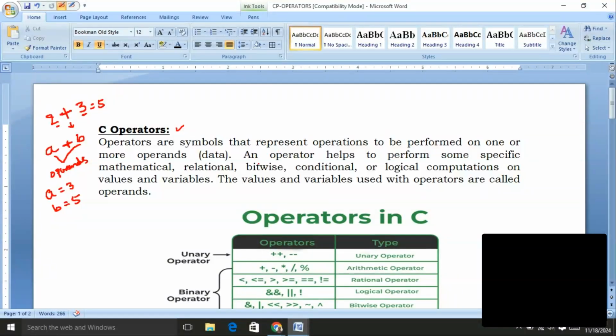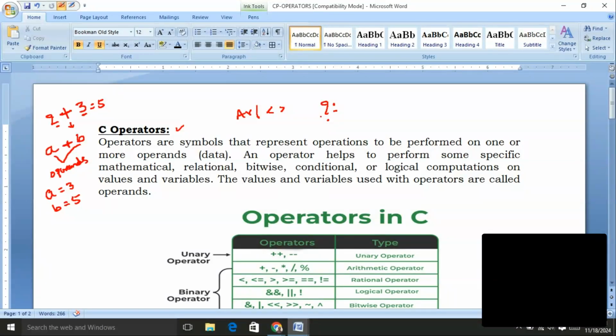There are different categories of operators in C language. They can perform arithmetic operations, logical operations, that means and, or, not, relational operations, that is less than, greater than and so on, some bitwise operations, and the conditional operator, which we call the ternary operator.